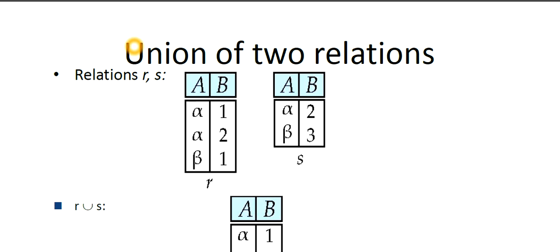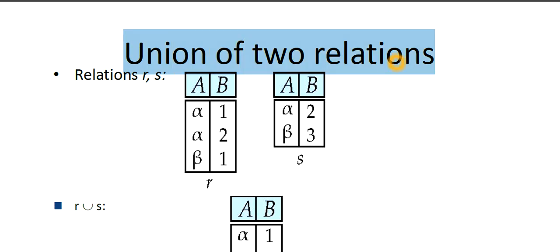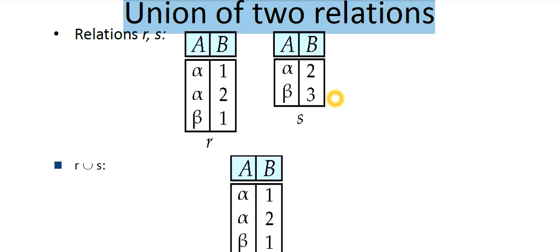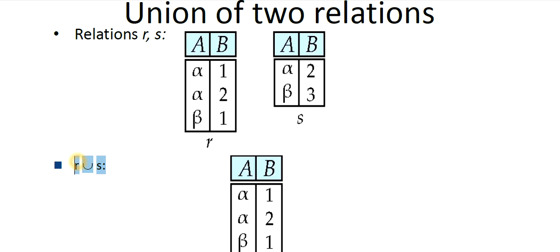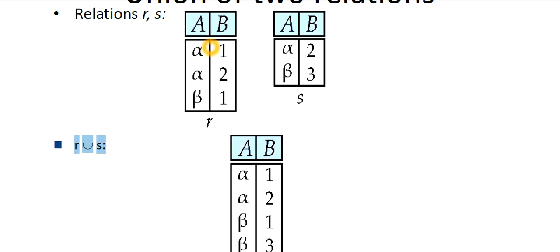Union of two relations. I hope you all know that union operator. With respect to relational algebra, let's consider these two relations R and S. R is A B alpha 1, alpha 2, beta 1 and S is A B alpha 2, beta t. If we take union of them, then we'll get A B alpha 1, alpha 2, beta 1 and beta t.